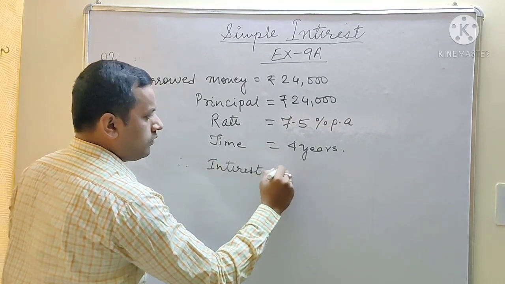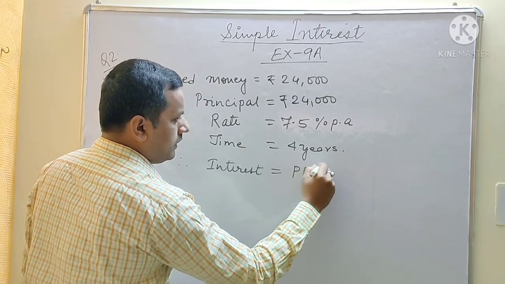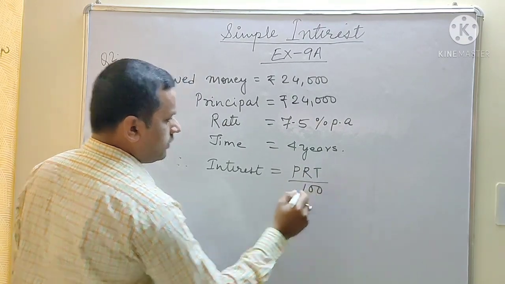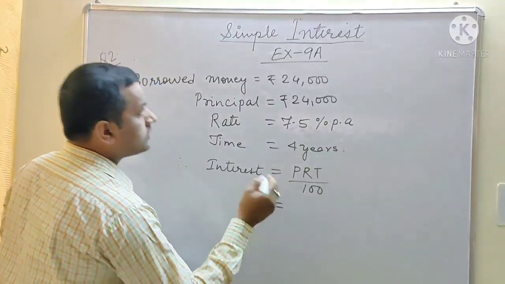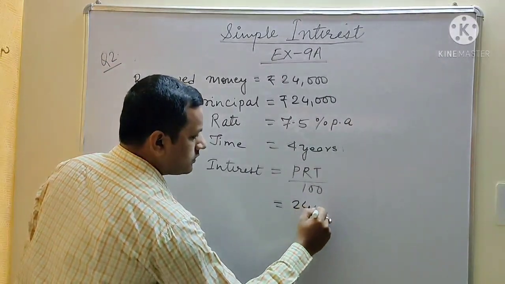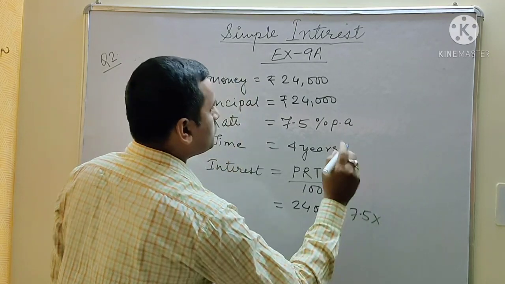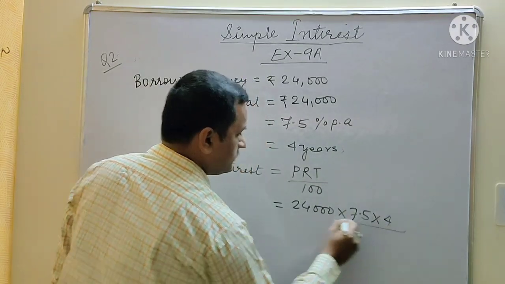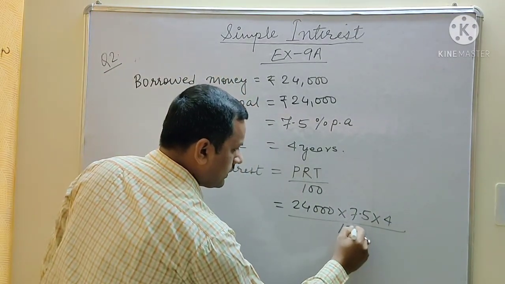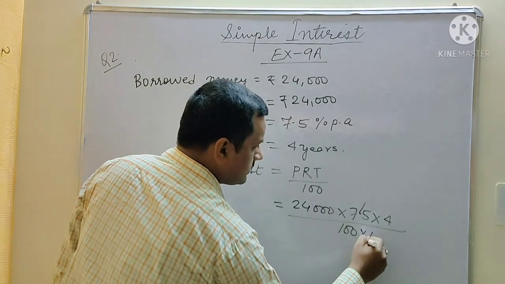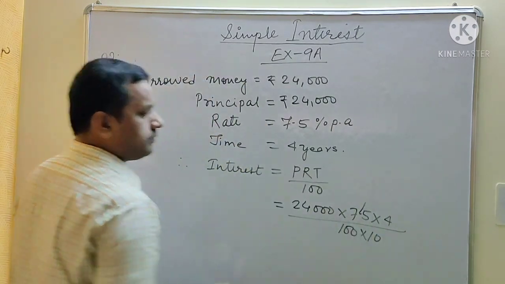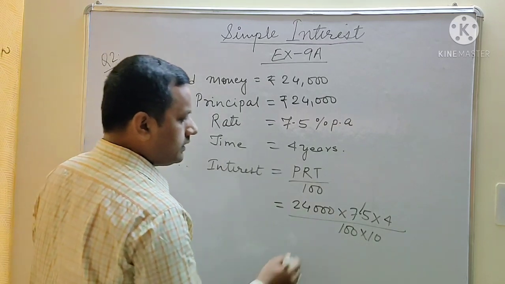interest will be equal to P into R into T upon 100, that is 24,000 into 7.5 into 4 by 100. Removing the decimal, we can write 75 by 10.